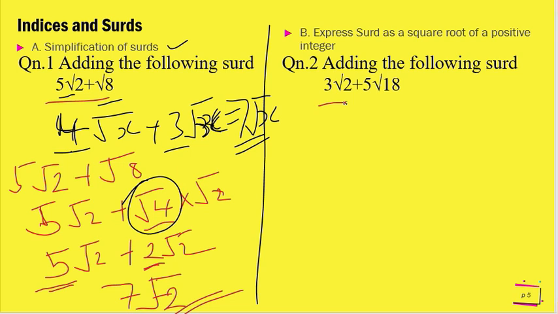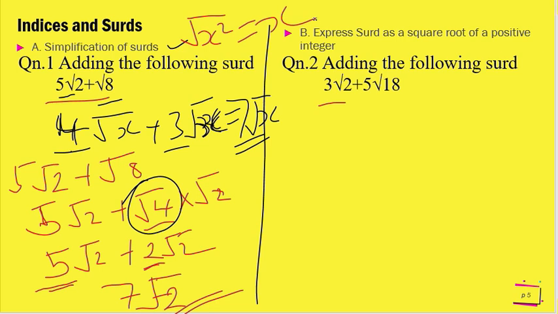So there is a rule that normally tells us that root x squared is equal to x. So root x squared is just equal to x.